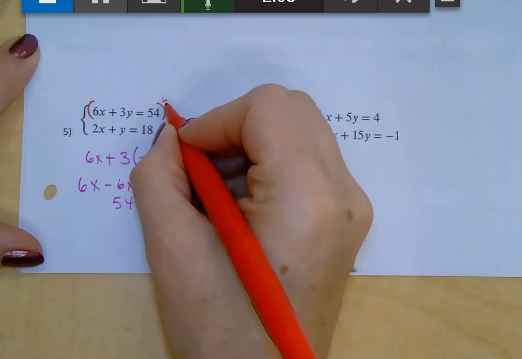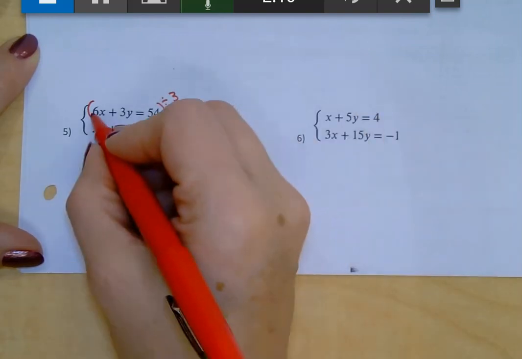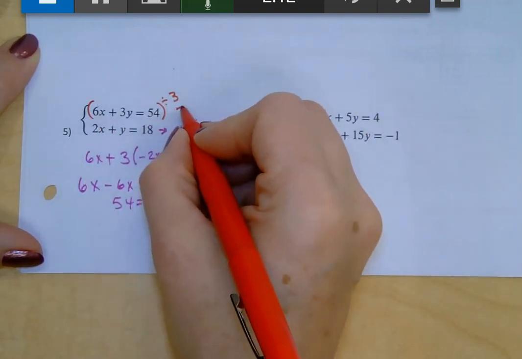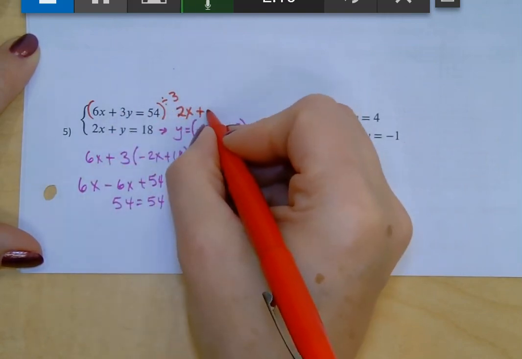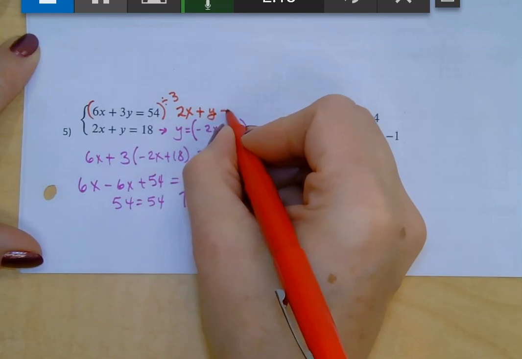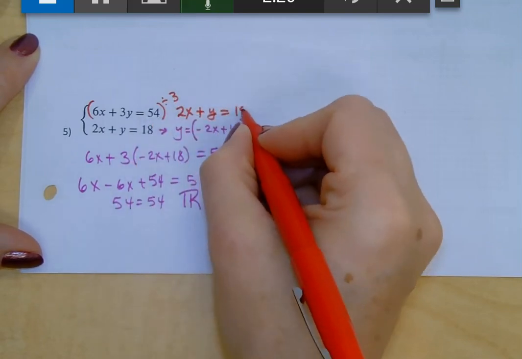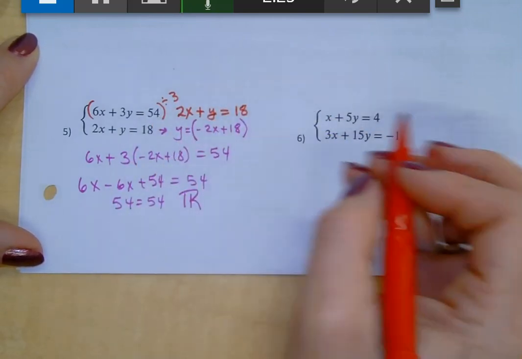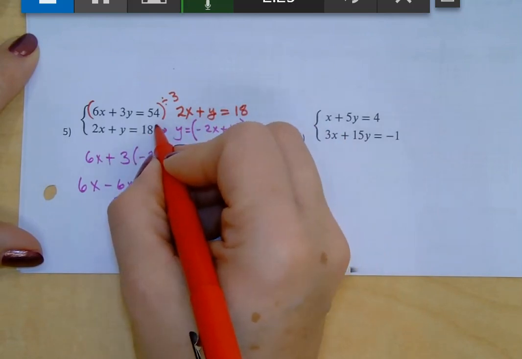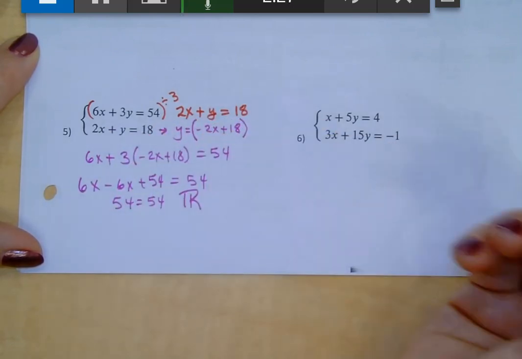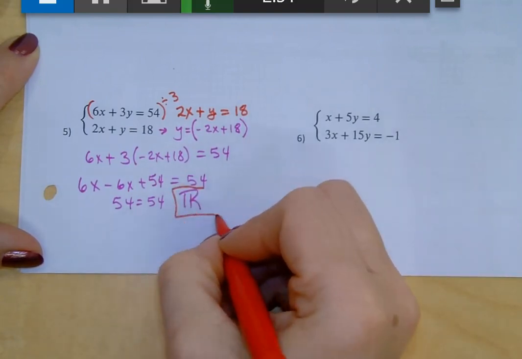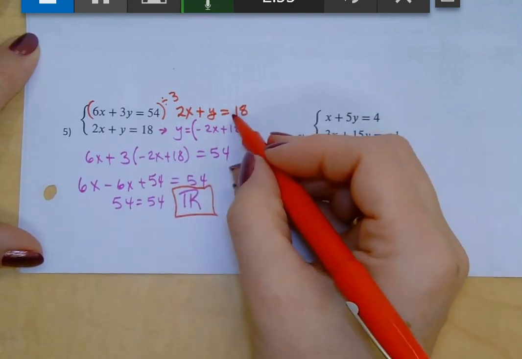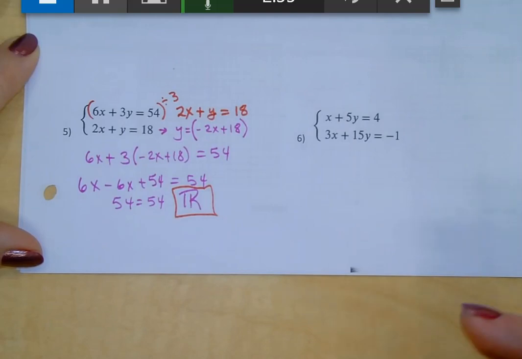So 6 divided by 3 is 2, so I have 2x, plus 3 divided by 3 is 1, so that's just y, equals 54 divided by 3, 18. Well, if I had simplified that equation in the first place, I would see that these are the same equation. So of course they're going to be the same exact line and have all real numbers, infinite number of solutions. Every ordered pair that works for one works for the other, since it's the same line.